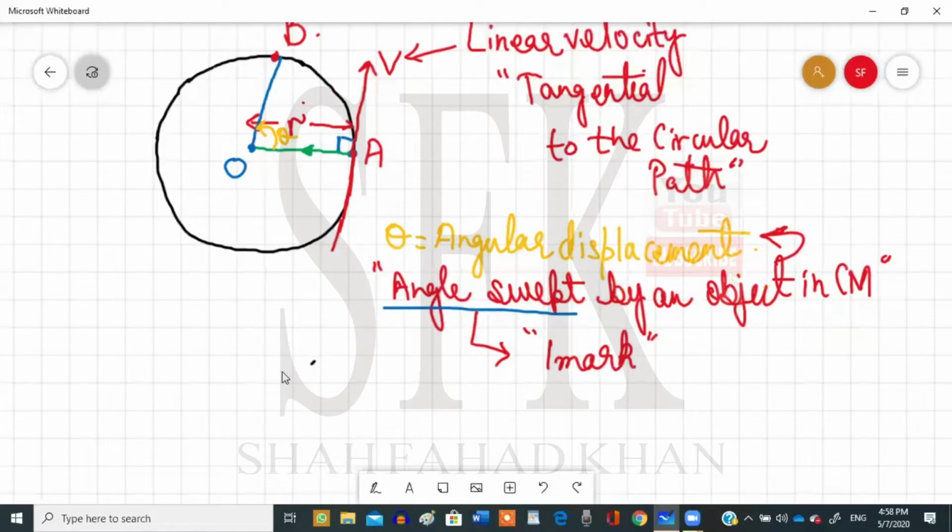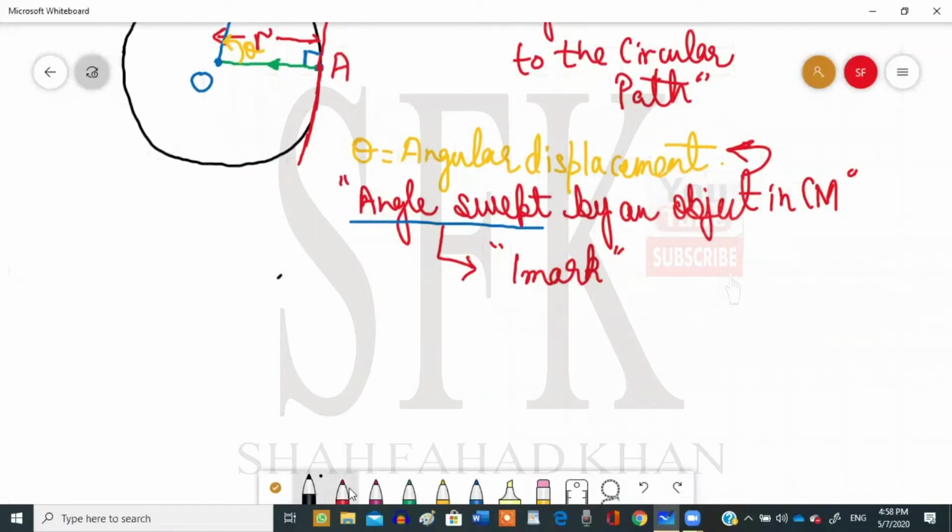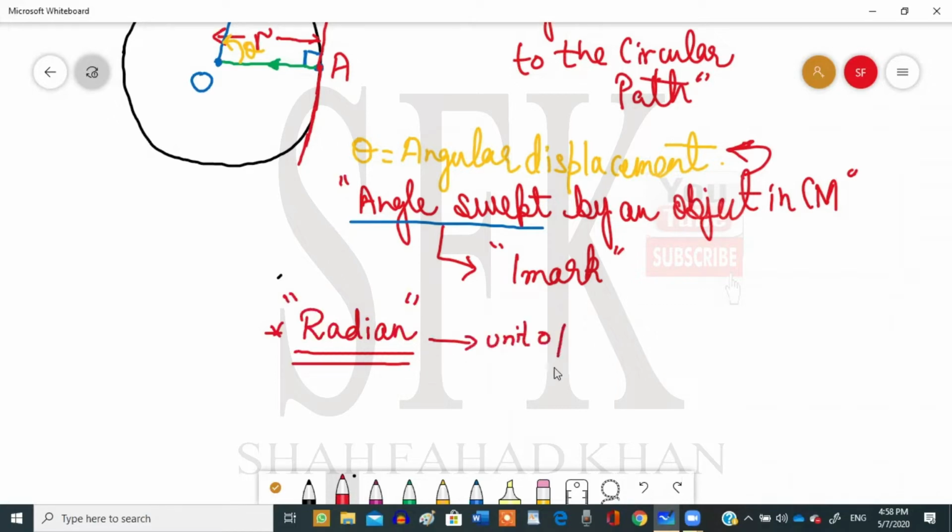Now, the next term that we need to define is radian. What is a radian? A radian is actually a unit of angle, just like degrees. Remember, we used to measure angle in degrees in math.